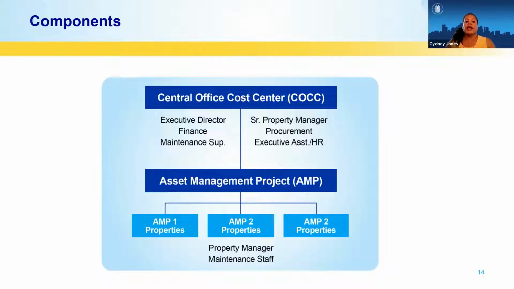Under asset management, housing authorities are responsible for making sure that each AMP has long-term capital planning and resources allocated, that the flat rents are aligned with HUD rules, that they are reviewing the financial information and physical stock of those units, that they are properly performing property management services, and that they're looking at the long-term viability of the properties and whether or not those properties really need to be repositioned.